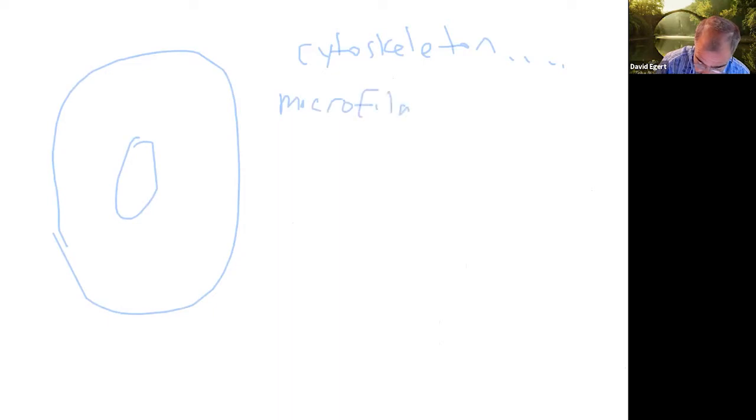So here's my cell again. Let's talk about some cytoskeletal elements. There are microfilaments. Microfilaments are basically actin. We'll meet actin in more detail later when we're looking at myosin, actin and the cross bridges and muscle contraction.